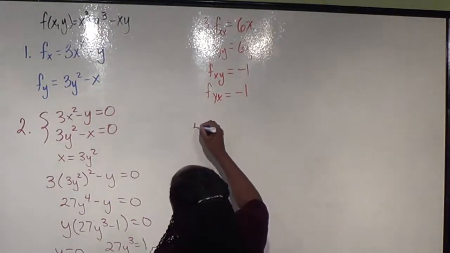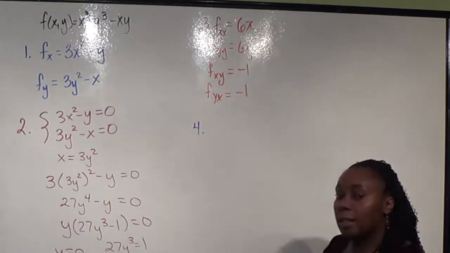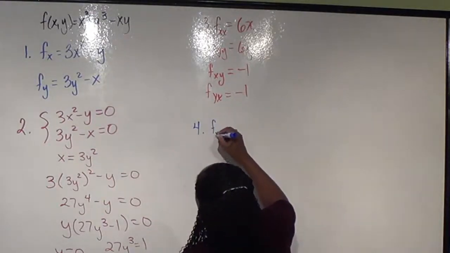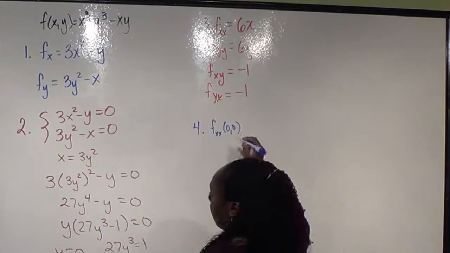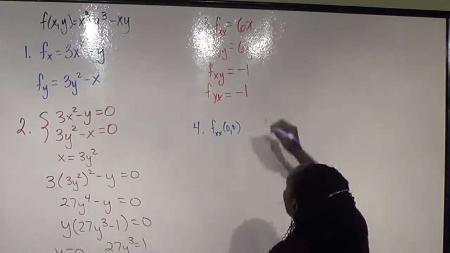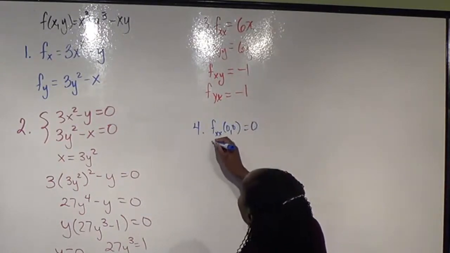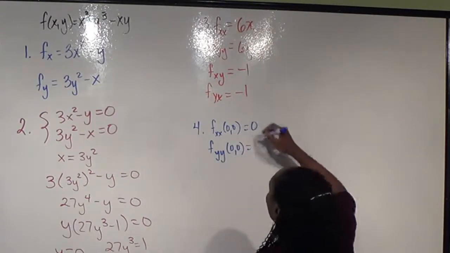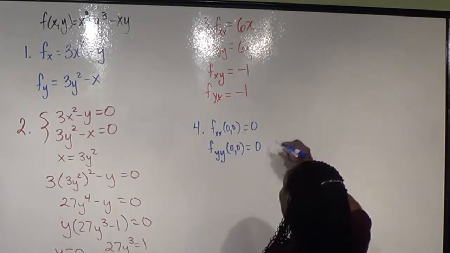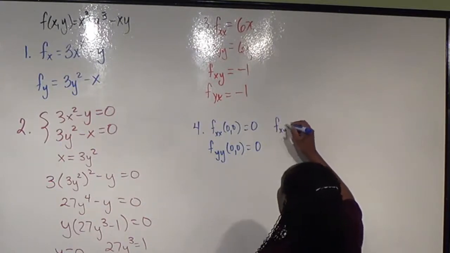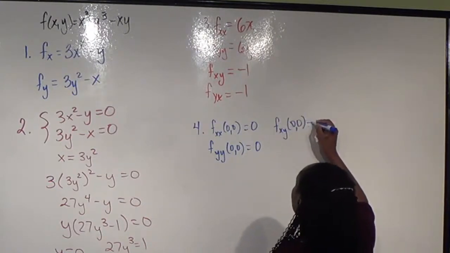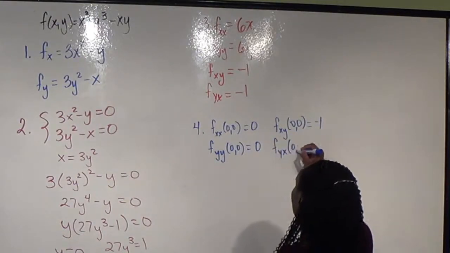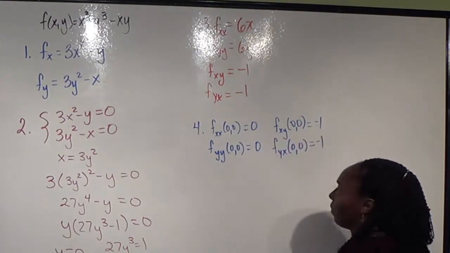Now I want to find all of these at the critical values. Okay. So fxx at (0, 0). I'm going to start with that first critical point. We can see is just 0. Fyy at (0, 0) is also going to be 0. Fxy at (0, 0) is -1. And fyx at (0, 0) is also -1.